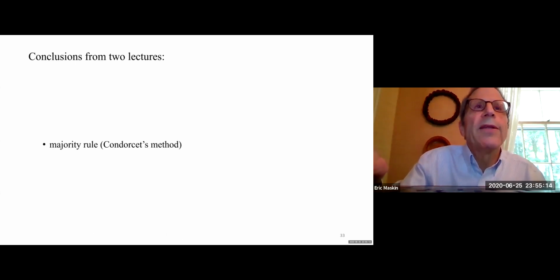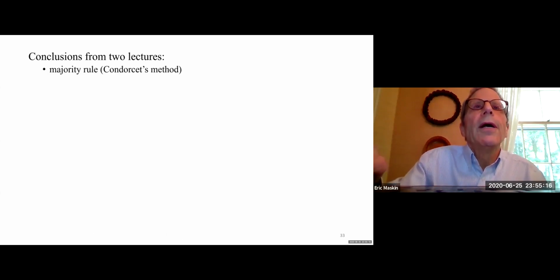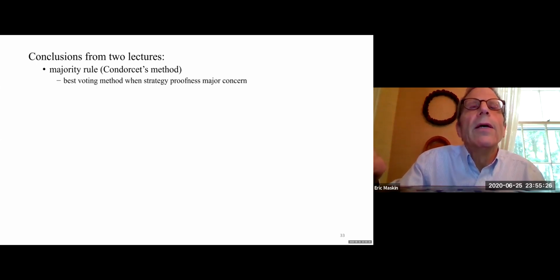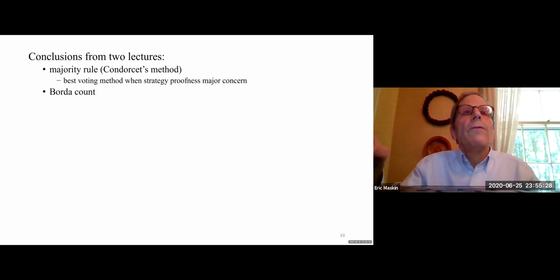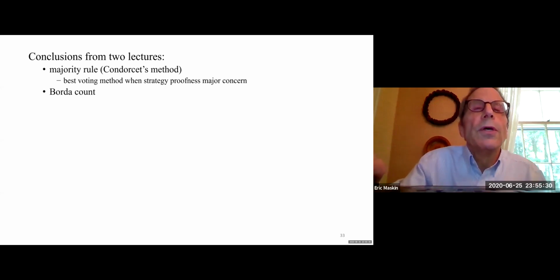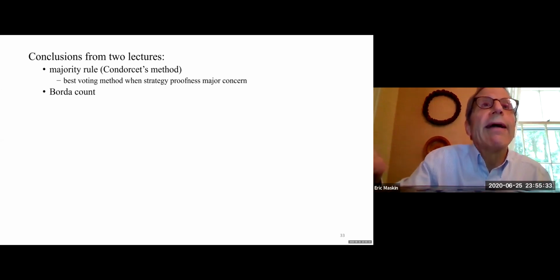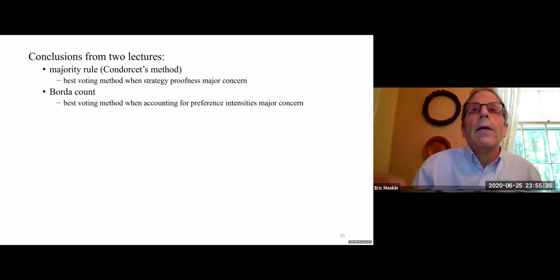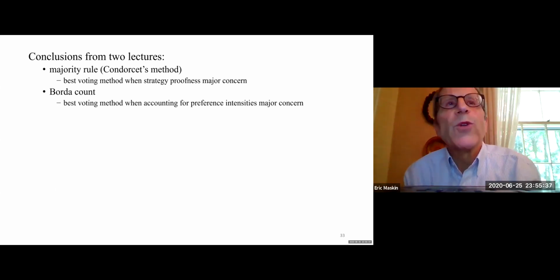The emphasis in the first lecture was on strategy proofness. In the second lecture, I was arguing for the Borda count. The emphasis in that lecture was on accounting for preference intensities.